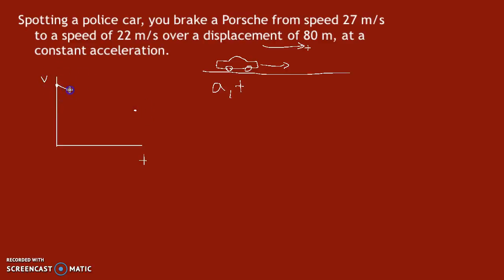Here we have a graph of the velocity of that car. So we'll say this is 27 meters per second, and this is 22 meters per second. We also know that the car has a displacement of 80 meters.